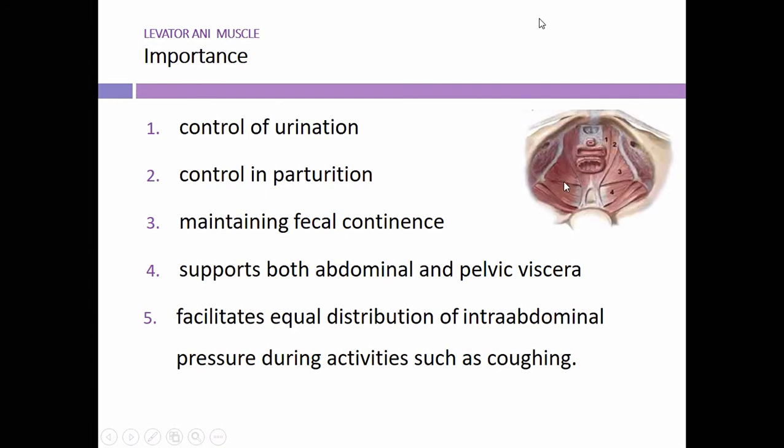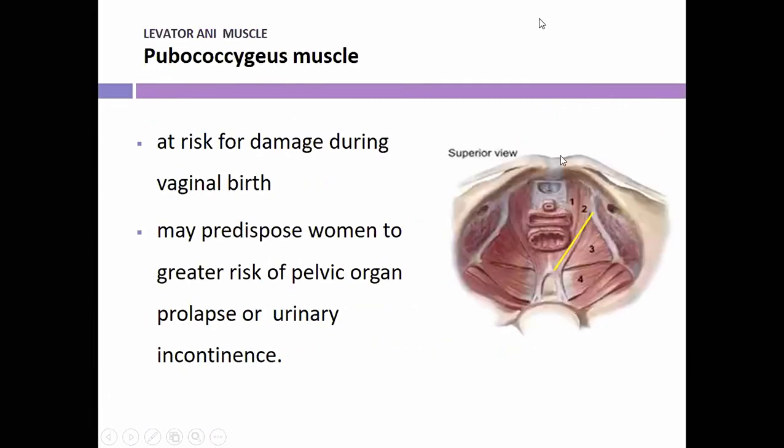It also helps keep the abdominal and pelvic organs from prolapsing. And the levator ani muscle facilitates the distribution of intra-abdominal pressure when you are coughing. So even if you are doing your TikTok, your organs will not prolapse down, because they are supported by the levator ani muscle.